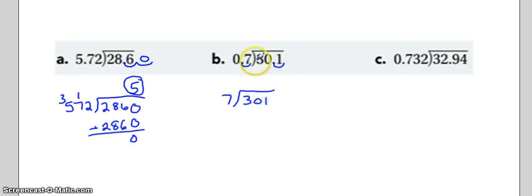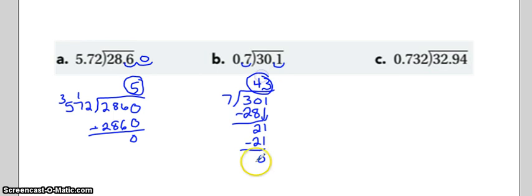Each only had one place, so we don't have to add the 0 this time. And again, it goes in there 4 times. 4 times 7 was 28. Subtract. You get 2 left over. Bring down your 1. 7 times 3 is 21. Write your 3. Subtract to get 0. And our answer is 43.